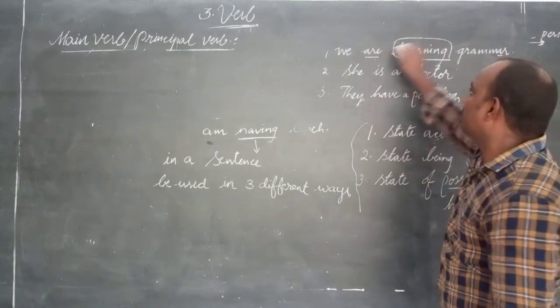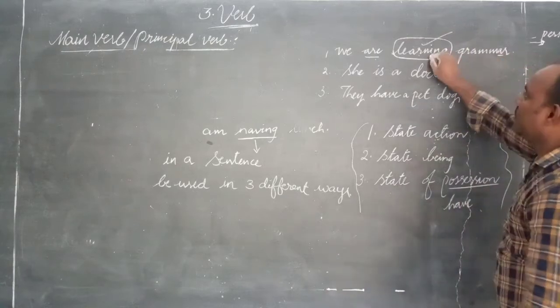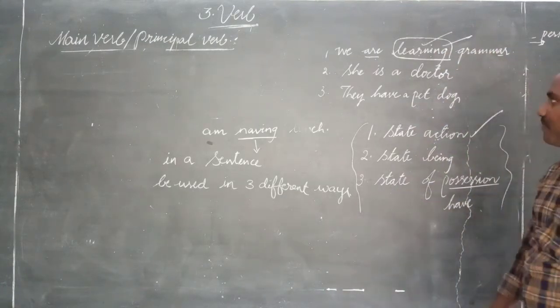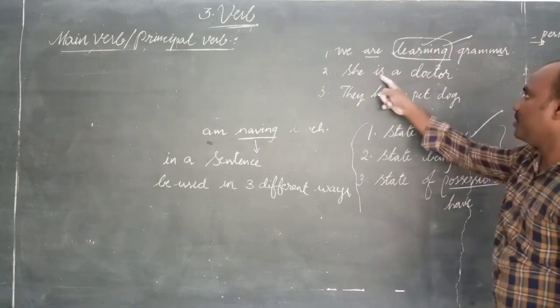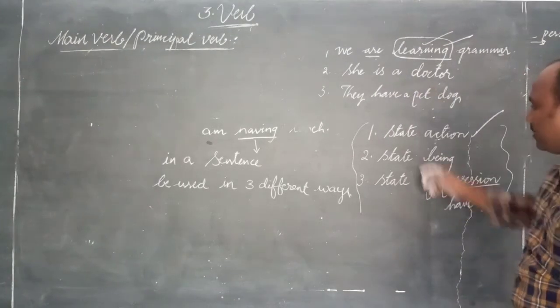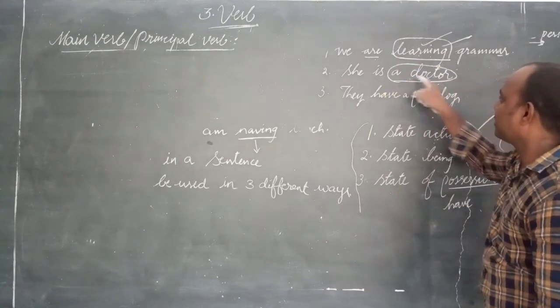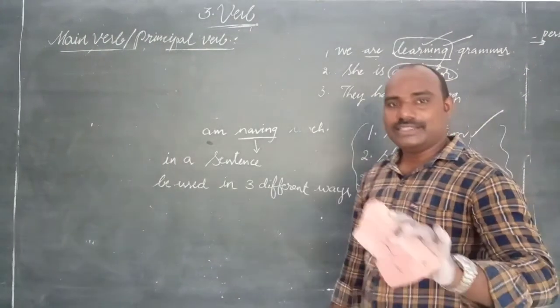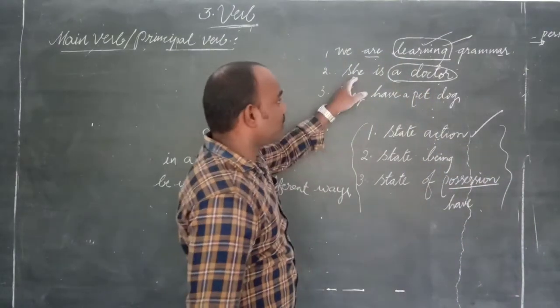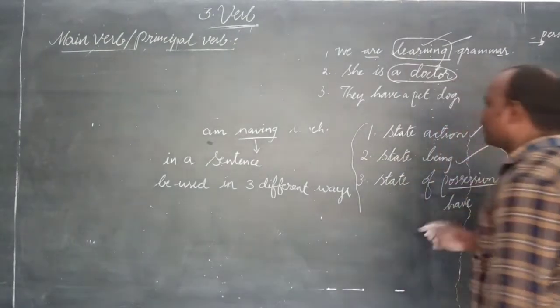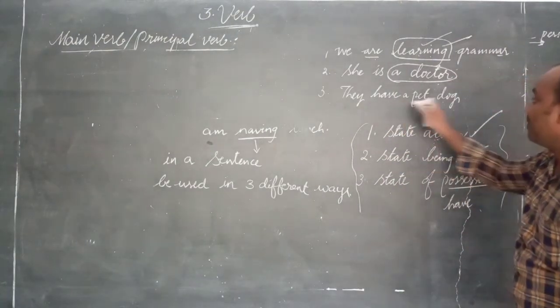Our helping verb, this is the main verb. Here, this verb is called state of action. Second one, she is a doctor. Here, "a doctor" tells us the state of someone, the state of her. This is called a state of being.